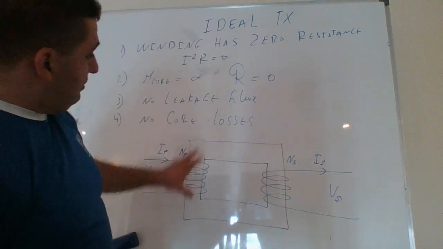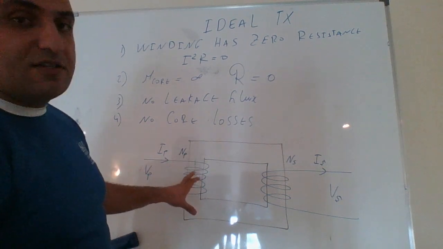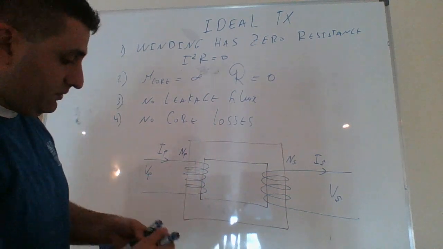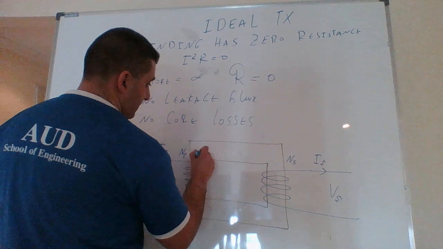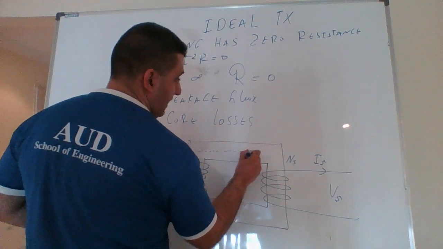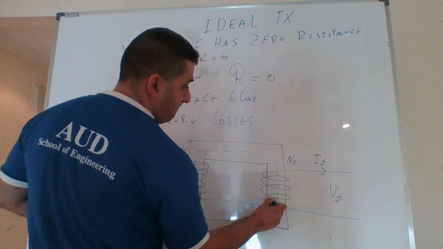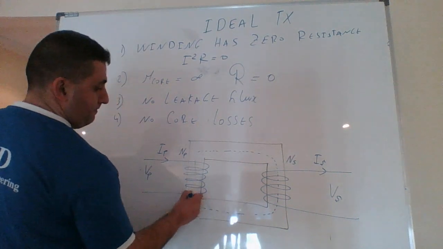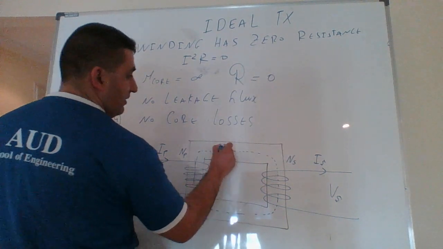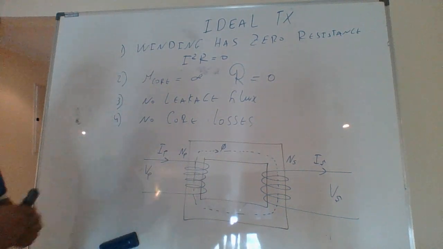Under ideal conditions, the resistance of these windings is 0. Also, this is my flux, and this is the direction of my flux.